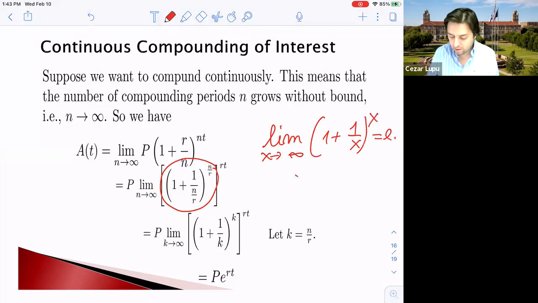So as you can see, in our case, x is n over r, which will go to infinity as n approaches infinity. Let me put it k here, so that I can stick to the notation.